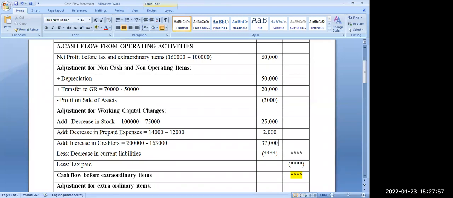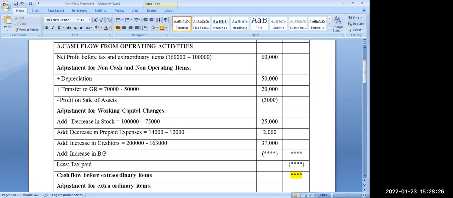Okay. Next item in the balance sheet liability side with regard to current liability. Bills payable is there. How much was it? 30 it was. Now it is 40. Increase in bills payable, same logic. How much increase?